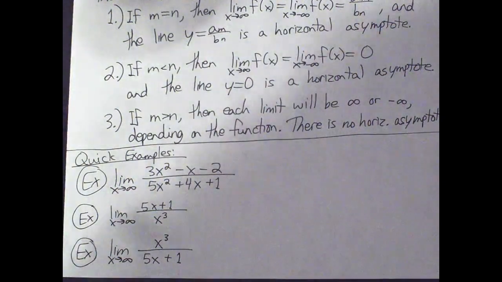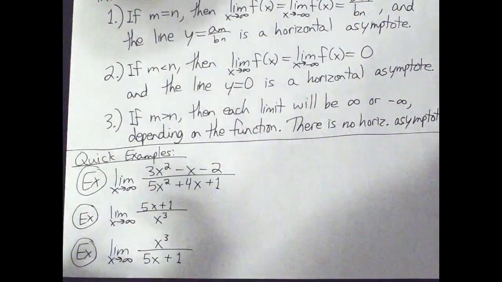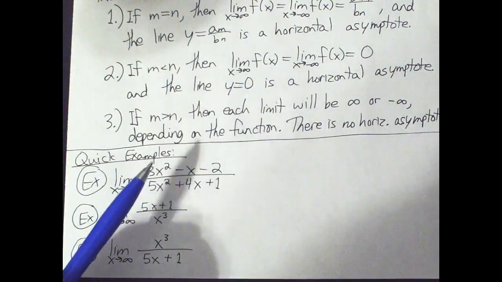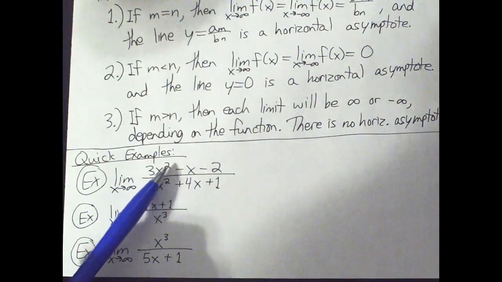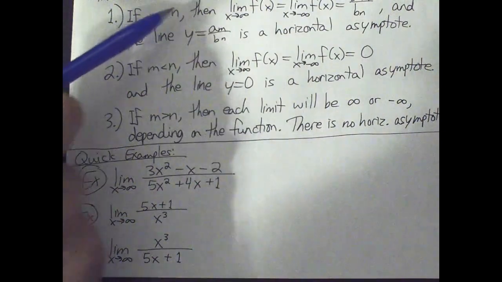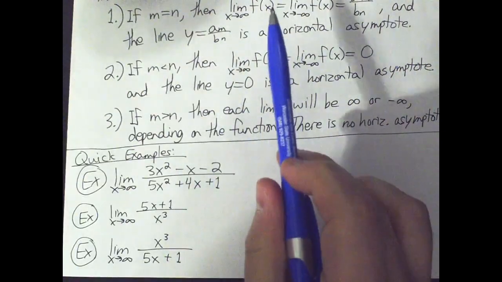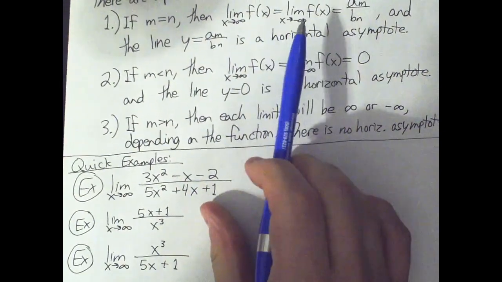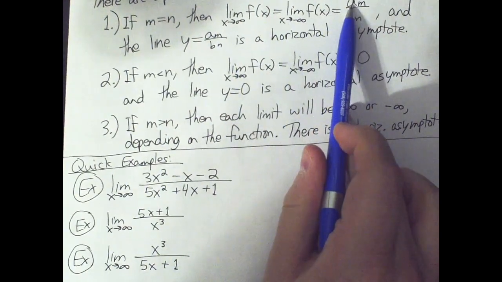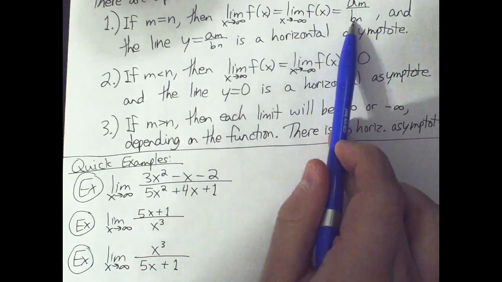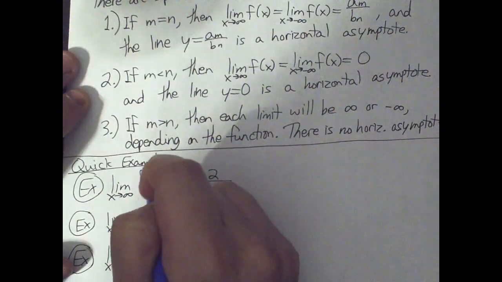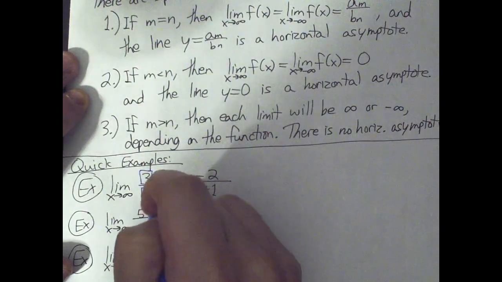All right, they're all polynomial over polynomial. In the first case, the degree up top is 2. The degree on the bottom is 2. That means it's case 1. Case 1 says that we want to say the limit equals just the coefficient of the leading term up top over the coefficient of the leading term on the bottom. That's going to be this 3 over this 5.